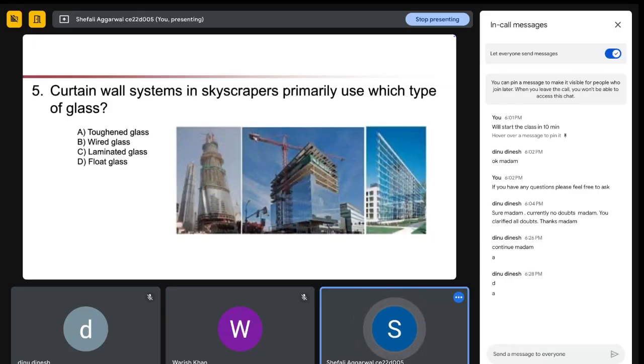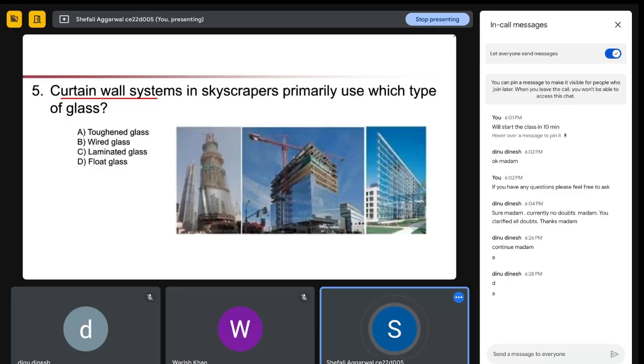So in skyscrapers we have a normal frame structure, and outside that frame structure, like in malls and all, you might have seen that it will be a general frame structure, and at some distance there will be a fully glass wall. So that is called a curtain wall system.